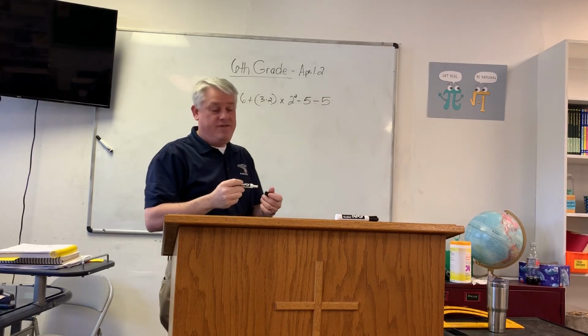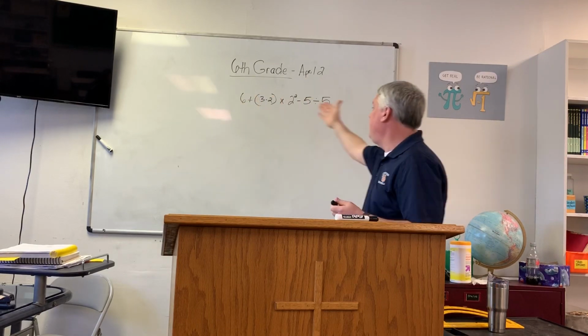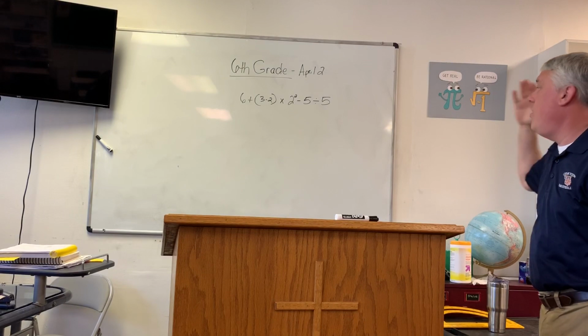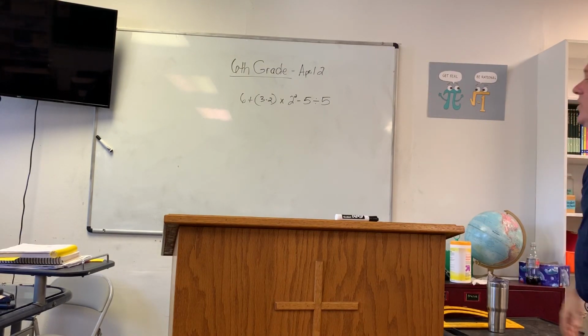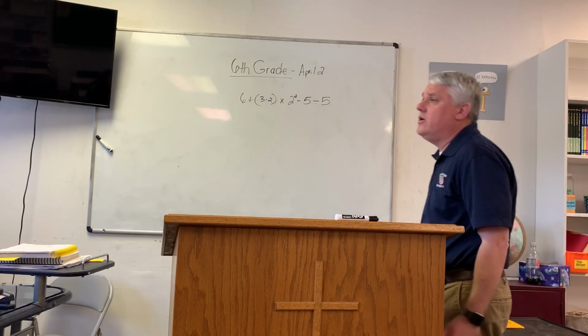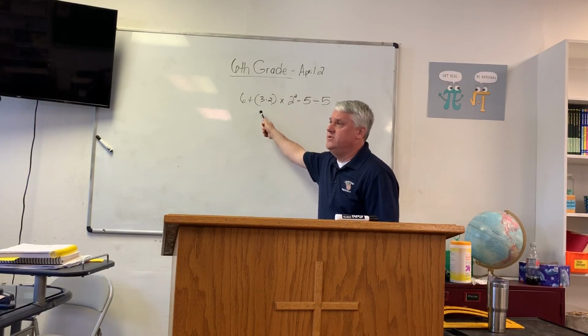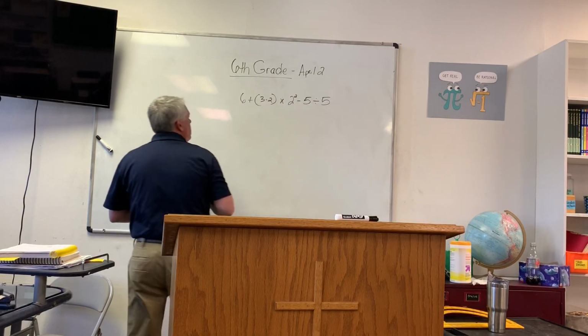So what we have here is a lot of different mathematical operations that are listed in one big long equation. So we're going to start with the order of operation that's been listed today, and we're going to look for parentheses. Do we have parentheses? Yes, we do.